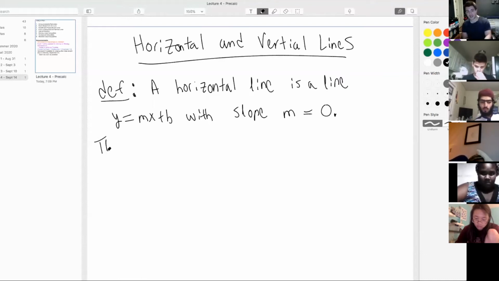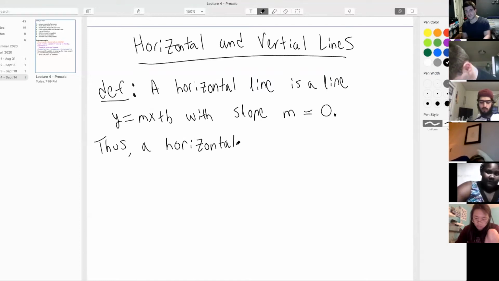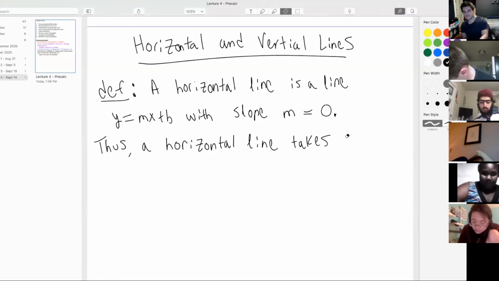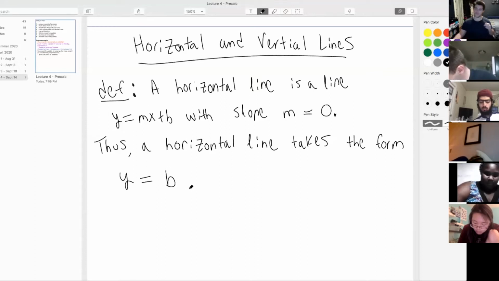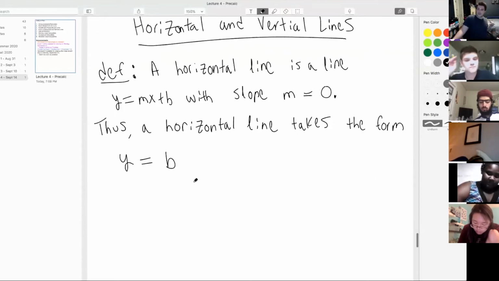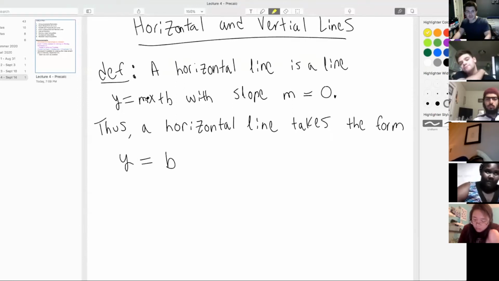Thus a horizontal line takes the form y equals b. Why is that? If m is 0, then this term vanishes.